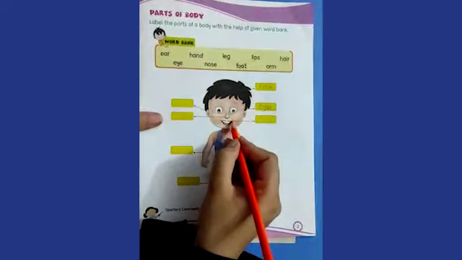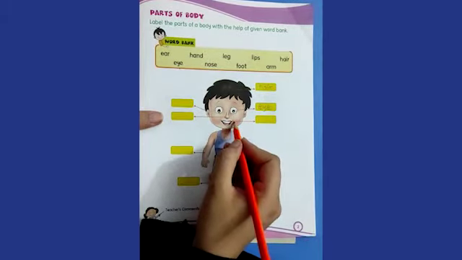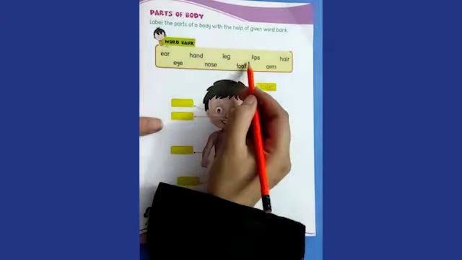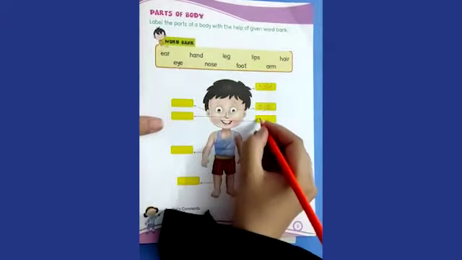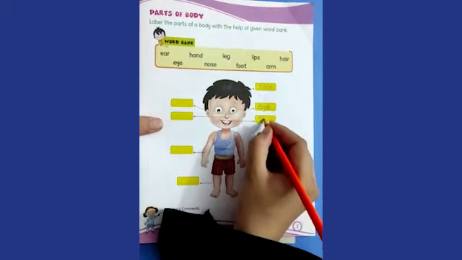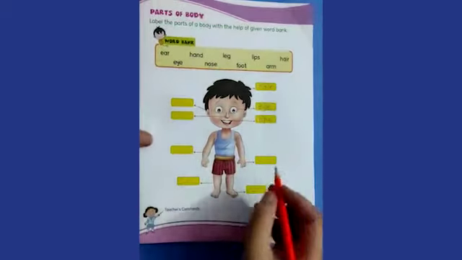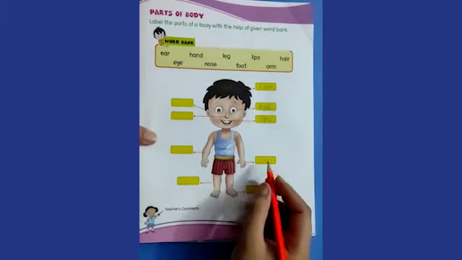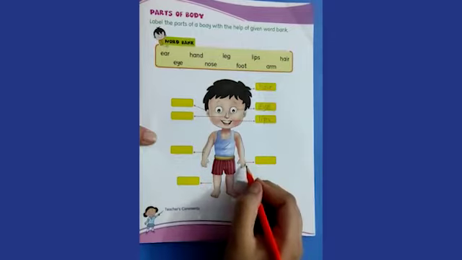What is this? Lips. And here is lips. Okay. What is this? Hand.